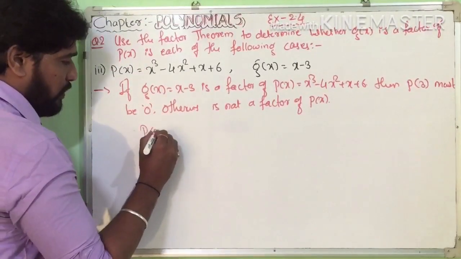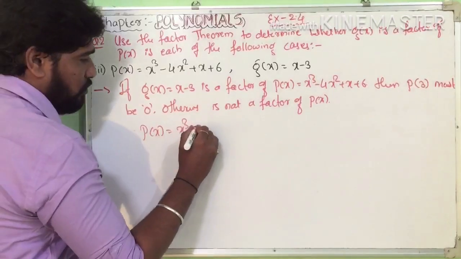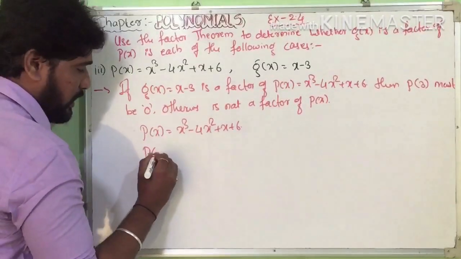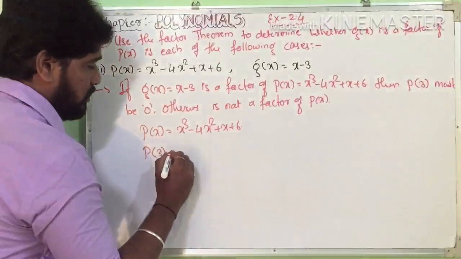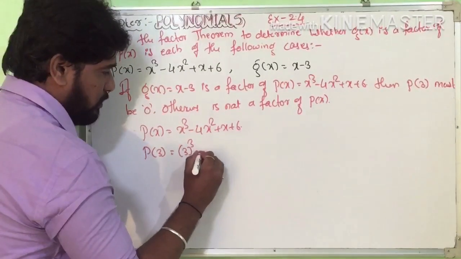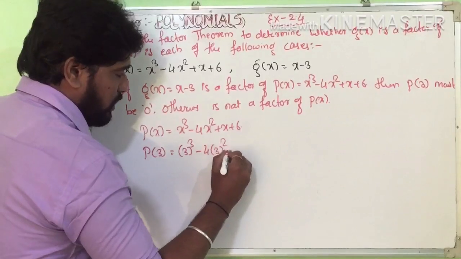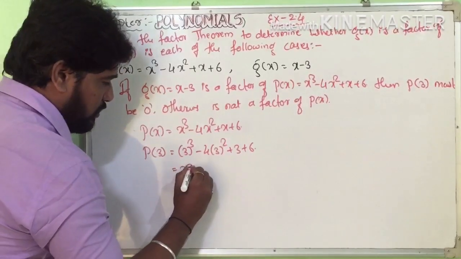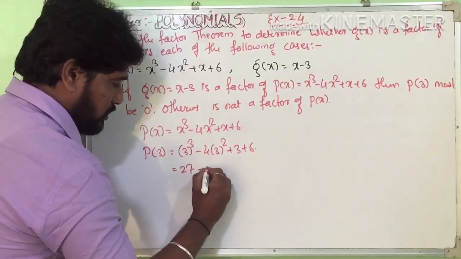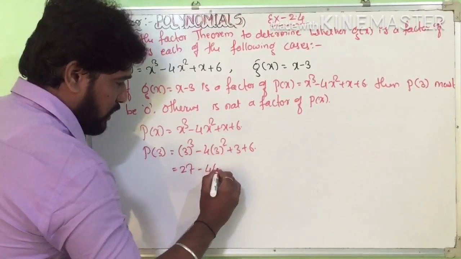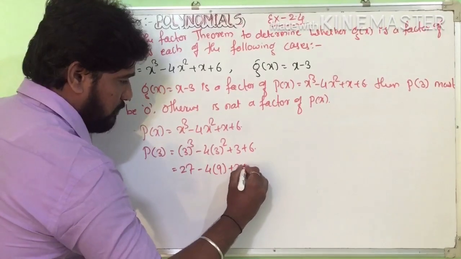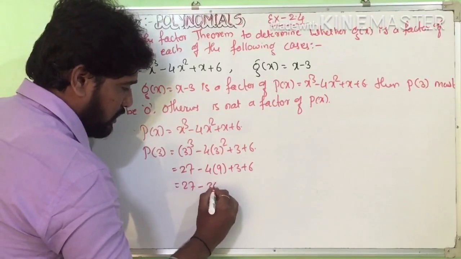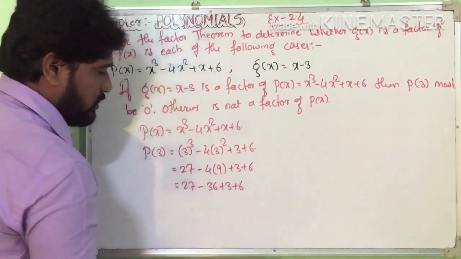So first write down given polynomial p of x is equal to x cube minus 4x square plus x plus 6, and x is replaced by here plus 3, right? So this is equal to 3 cube minus 4 times 3 square plus 3 plus 6. So 3 cube is 27 minus 4 times 3 square is 9 plus 3 plus 6. So here 27 minus 36 plus 3 plus 6, right?